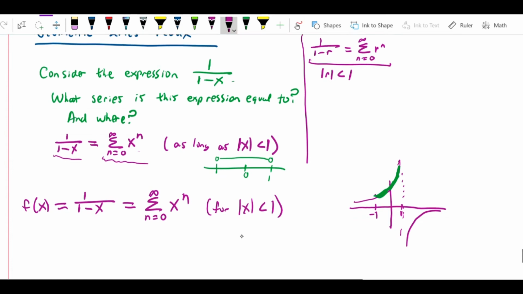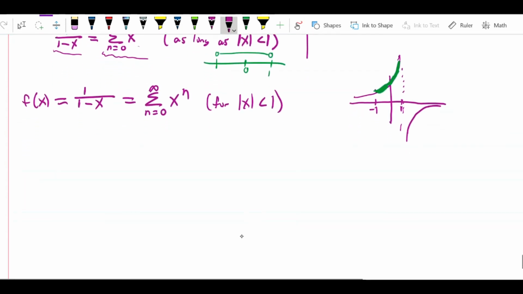Okay, so if that's true, what power series corresponds to this function? The answer lies in being able to rewrite this function in this way. Everyone agree that 1 over 1 minus -x is the same thing as 1 over 1 plus x?